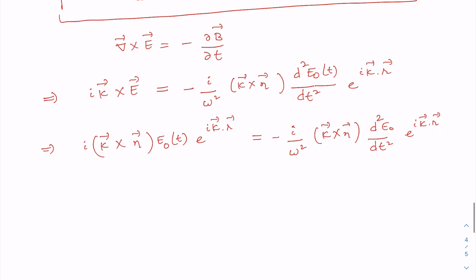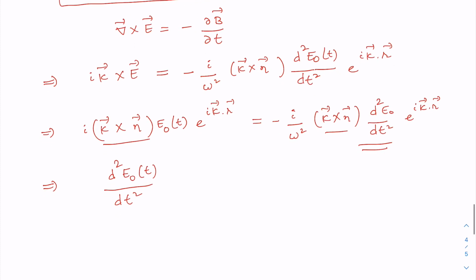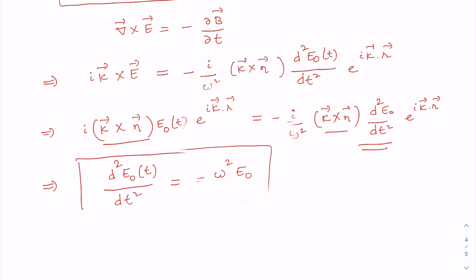Alright, so from here I can immediately get an equation for this amplitude, d2 E0 by dt2, and then this goes out, and I simply have minus omega square E0. So this is a second order differential equation.